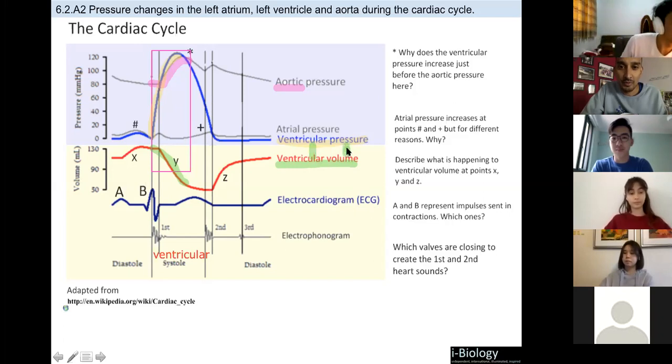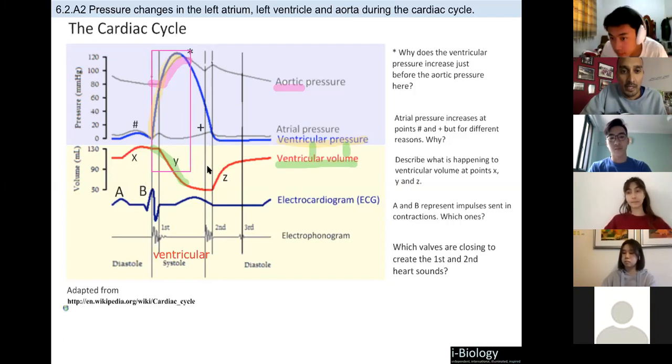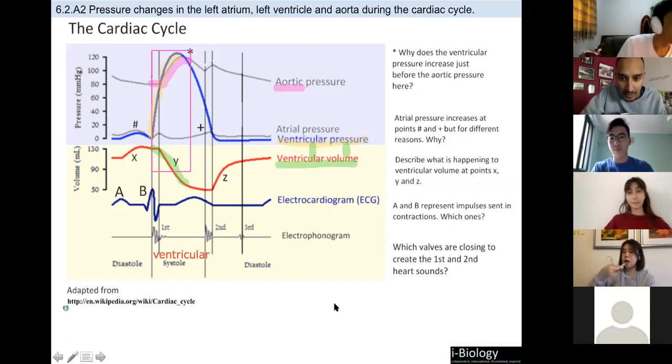What's the relationship between pressure and volume? The smaller the volume, the higher the pressure. Correct. Because the volume is decreased, that is also partially why the pressure increases, right? They're inversely proportional.